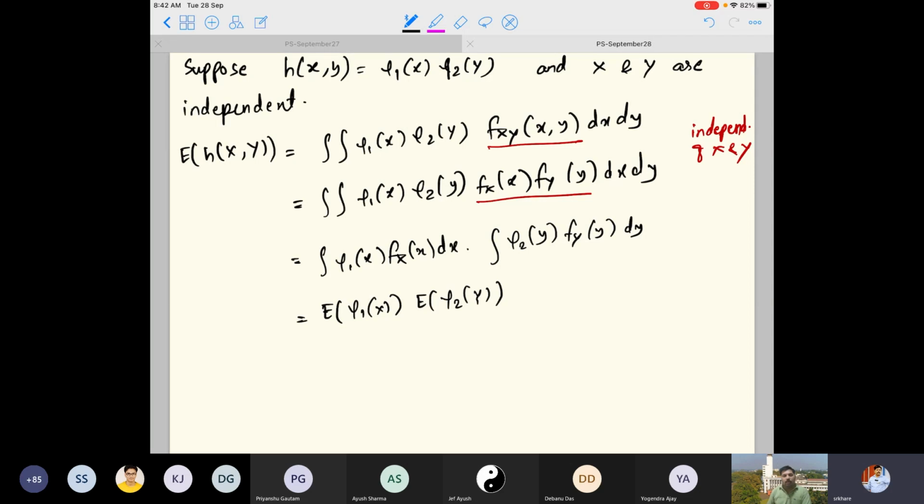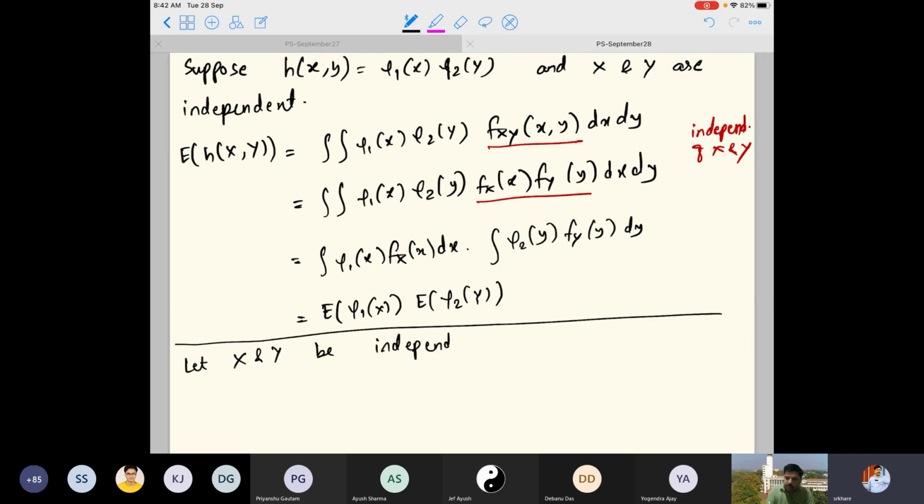If phi 1 and phi 2 are exponentials, we can do the moment generating function. So let X and Y be independent random variables.